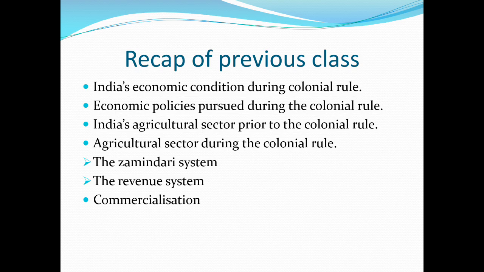The intention was to develop the agricultural sector, which did not happen during the colonial government, because the colonial government never supported or wanted the Indian agricultural sector to have any improvement.